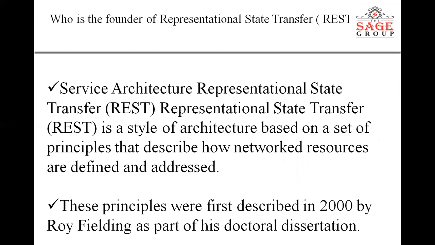These principles were first described in 2000 by Roy Fielding as part of his doctoral dissertation. So when he was doing his doctoral degree, he found the representational state transfer architecture, a style of architecture based on a set of principles, and how network resources are defined and addressed.